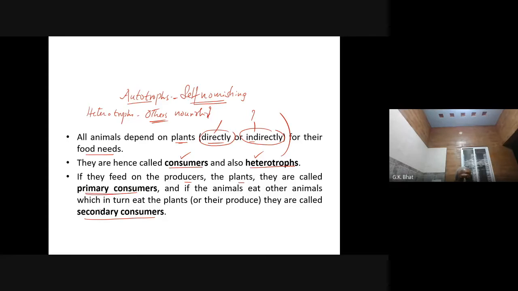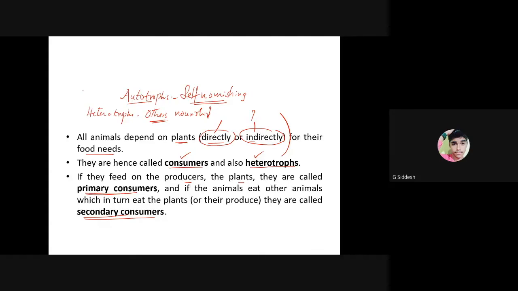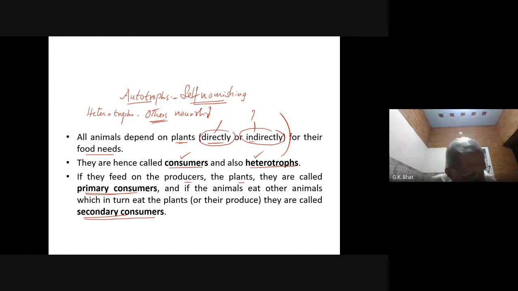Primary consumer, secondary consumer. Deer is secondary consumer? No, sir.